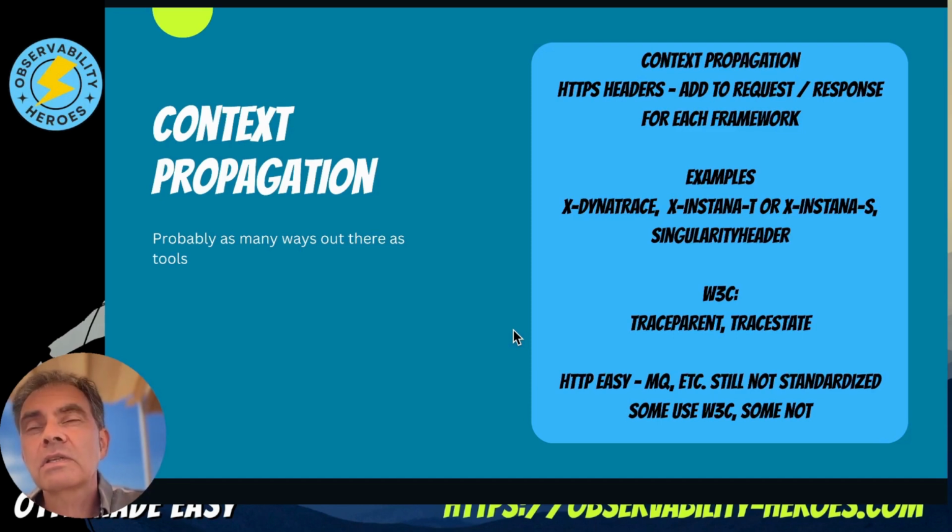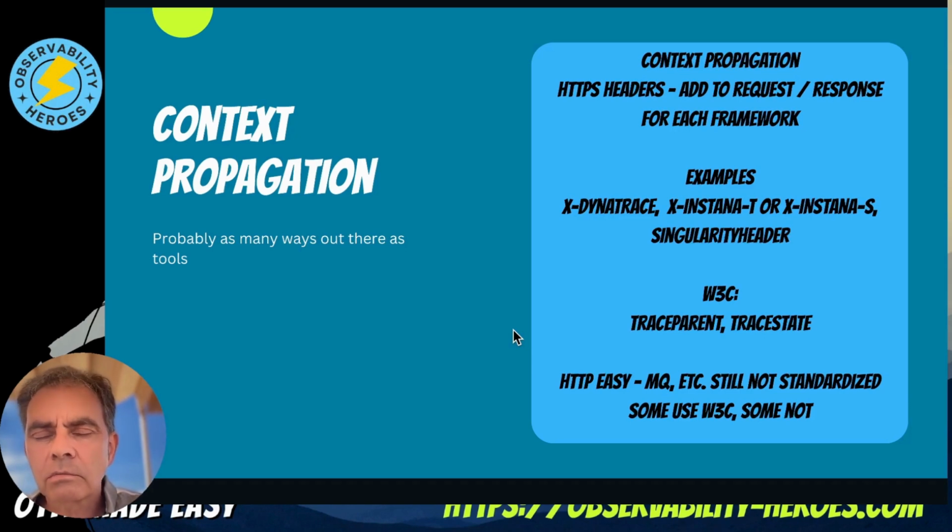The latest is, who would guess it? No? No raised hands? The latest is actually AppDynamics. Singularity was the initial name of AppDynamics in 2007, 2008, and it's stuck until now. It's still Singularity header. That's what's propagated in the traces of AppDynamics.